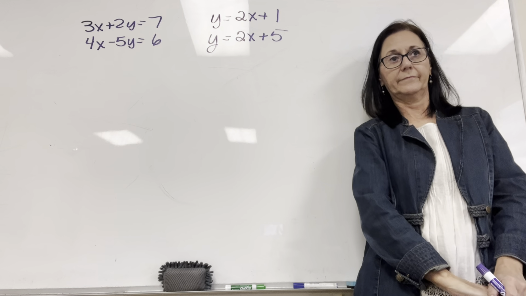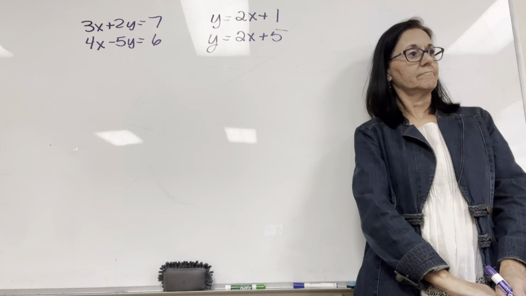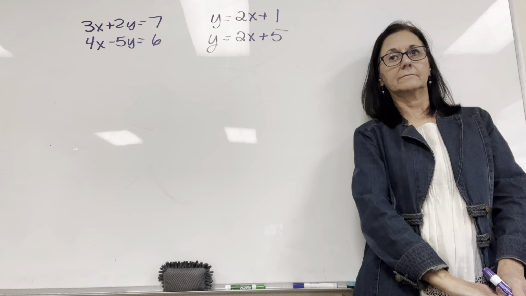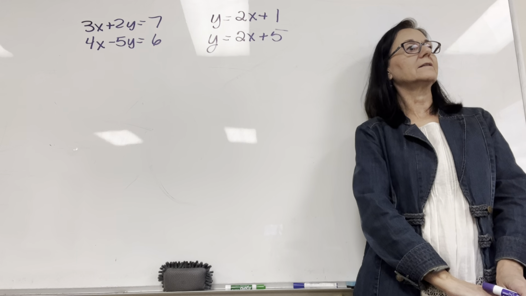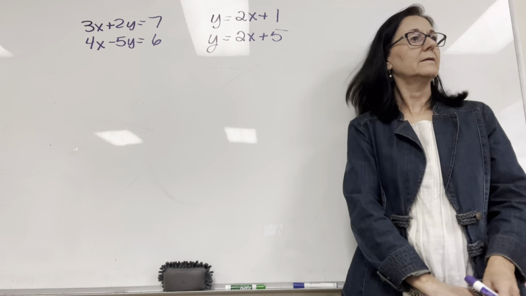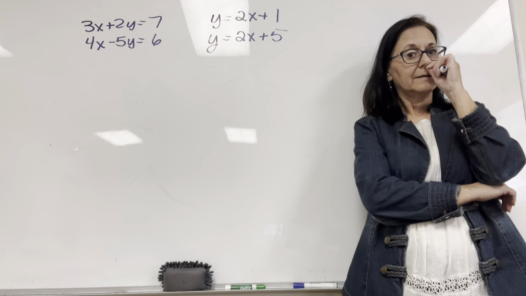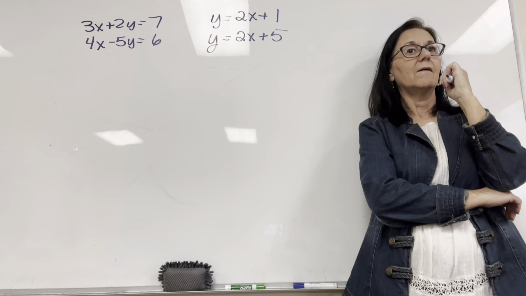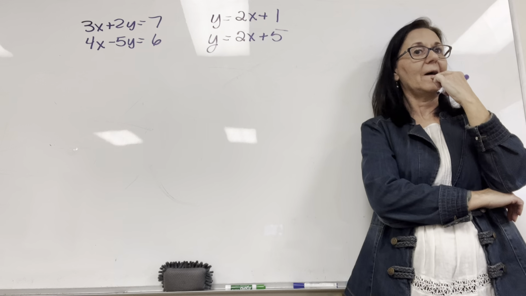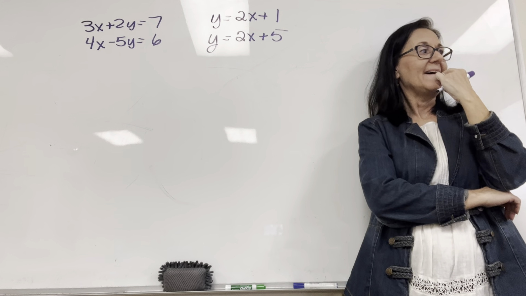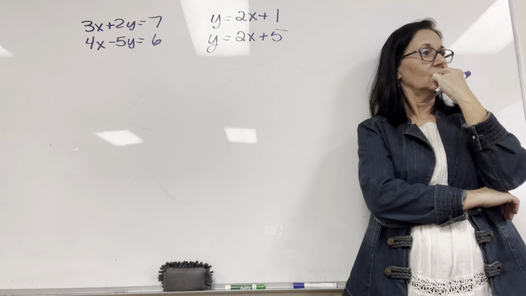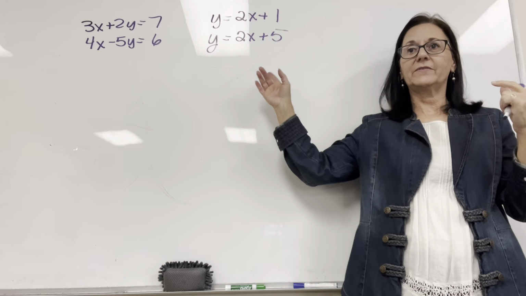Why? What do you think, Isaac? Because y equals 2 different things? Because 1 doesn't equal 5? No, that's not the real reason. If I graph these lines, would they ever intersect?